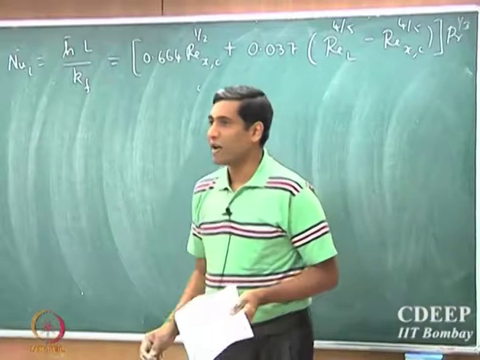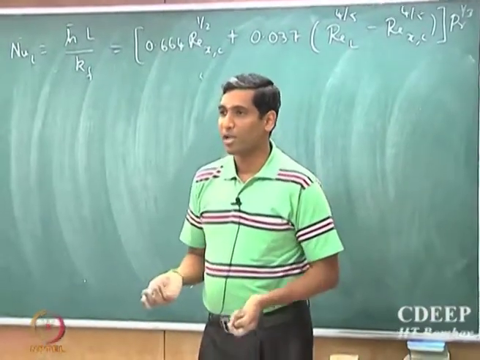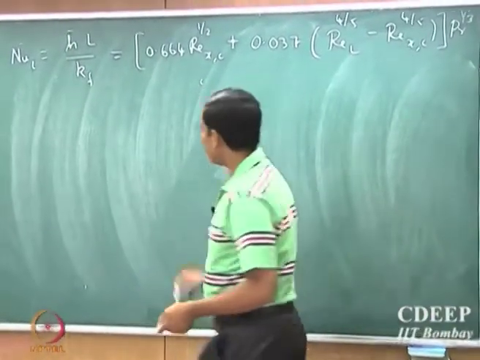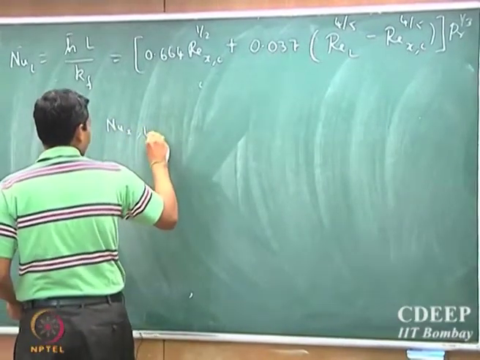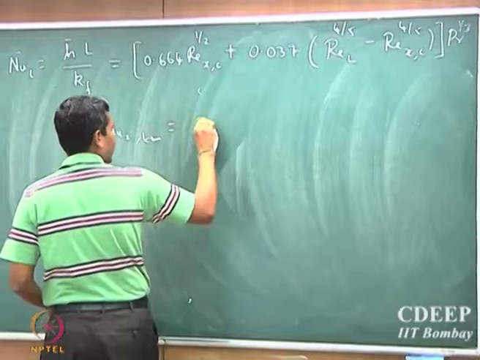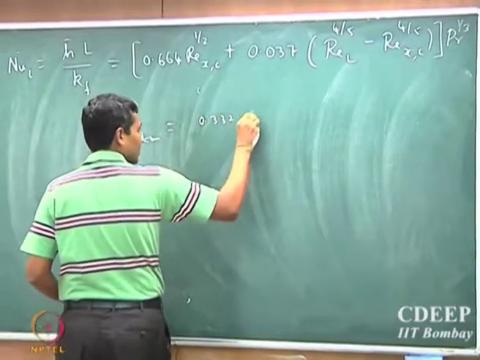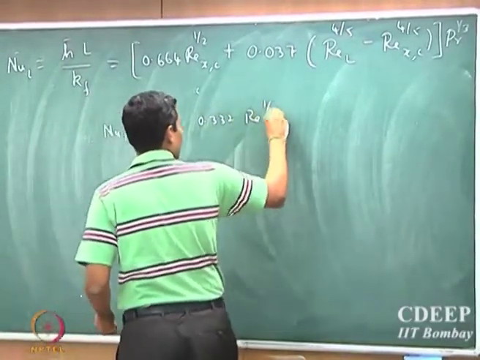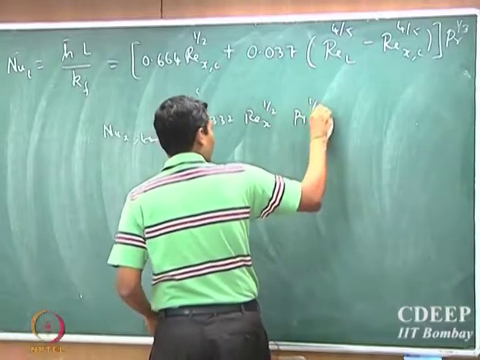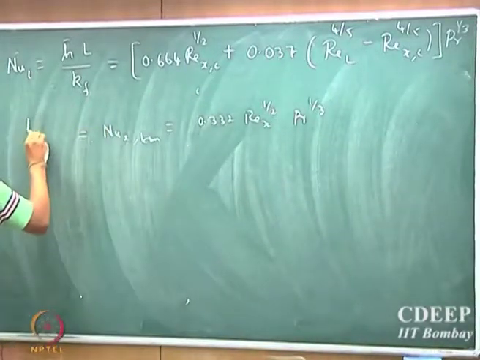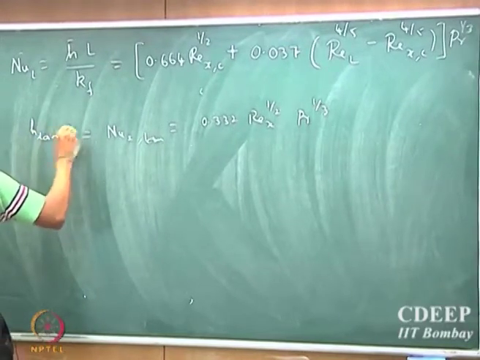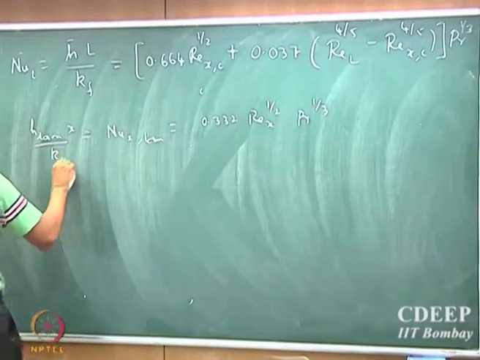So all I have done is I have taken the expression for local Nusselt number, that is Nu laminar, that's 0.332 Rex to the power of 1 by 2 Prandtl to the power of 1 by 3. So this is nothing but h laminar into x by Kf.